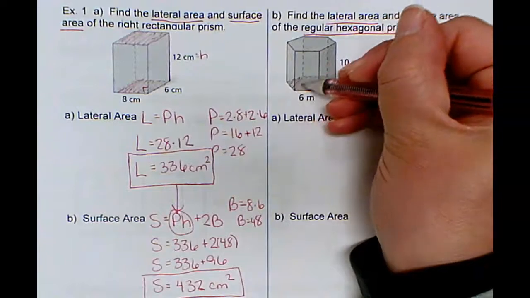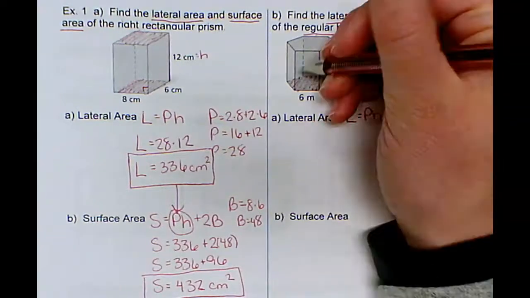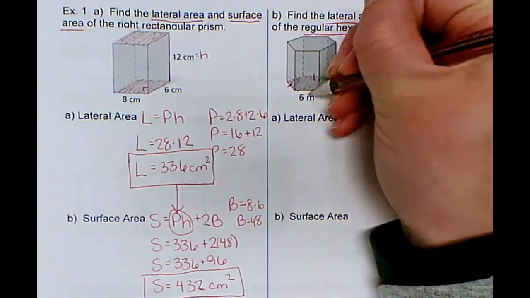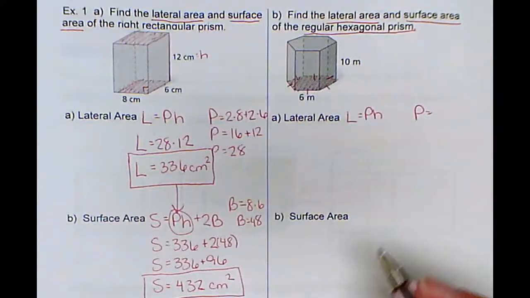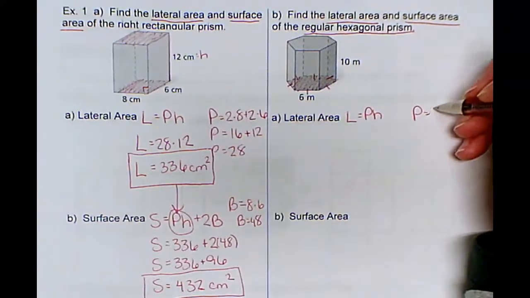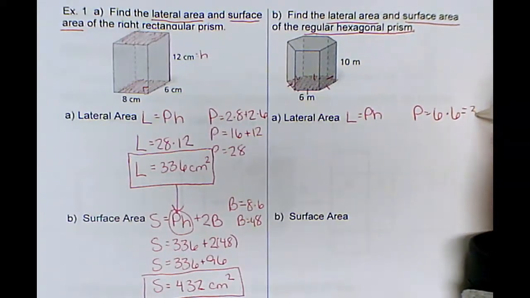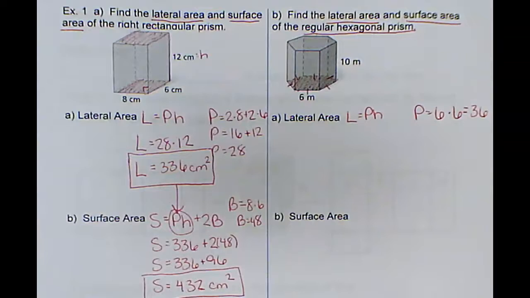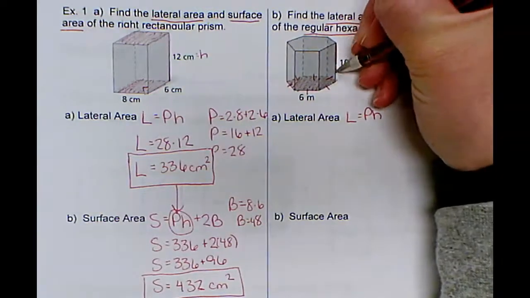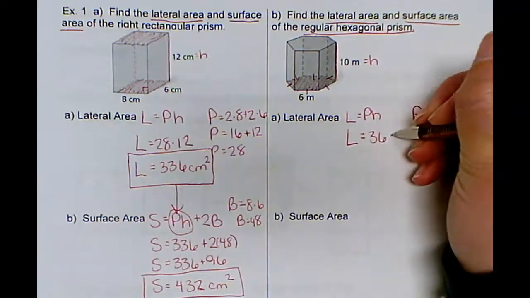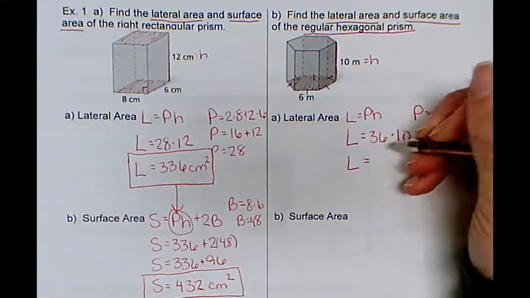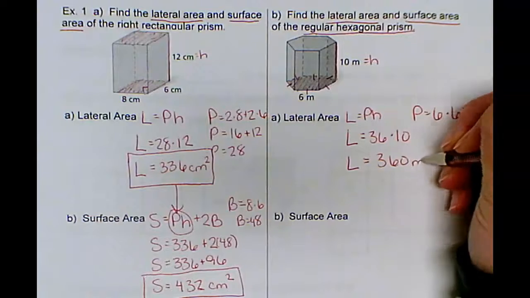So down here, a regular hexagon means that all sides of this hexagon are congruent. So if this side is 6 meters, they're all 6 meters. And it's a hexagon, so 6 sides times 6 meters, and I end up with 36 meters for my perimeter. The height of the prism right here is 10 meters. So when I multiply those together, the perimeter of 36 times the height of 10 meters gives me a lateral area of 360 meters squared.